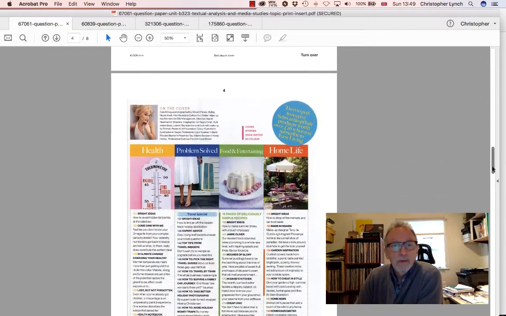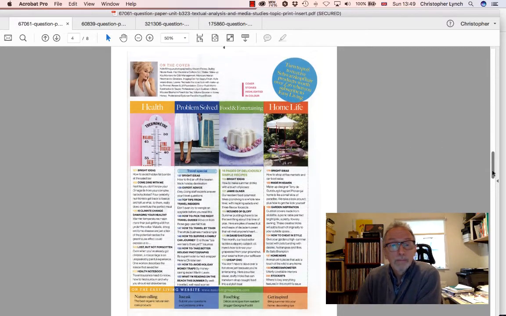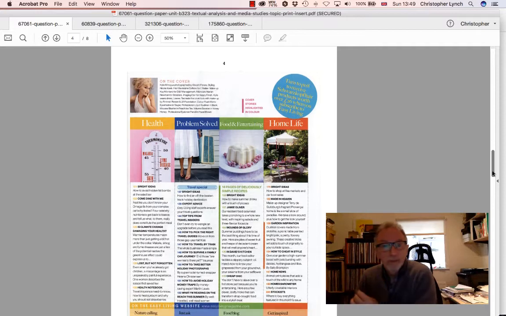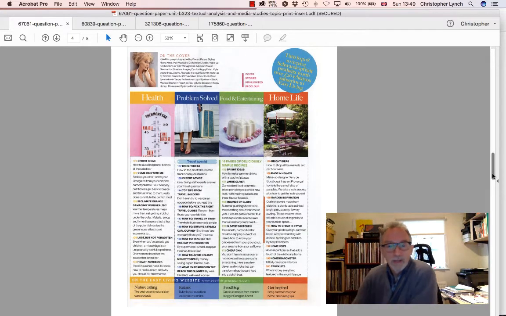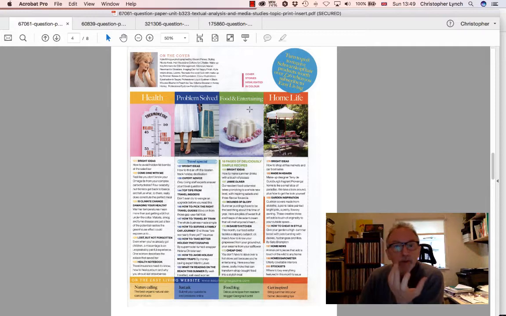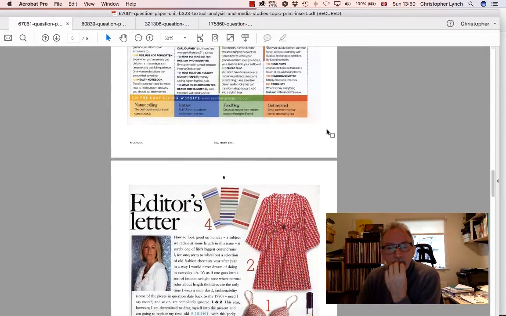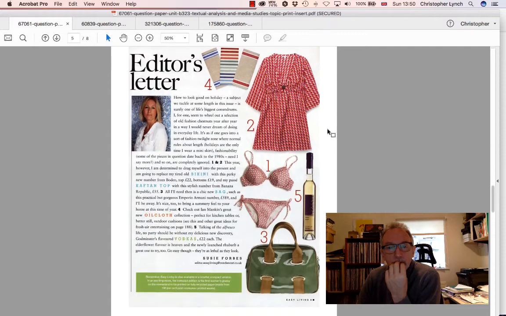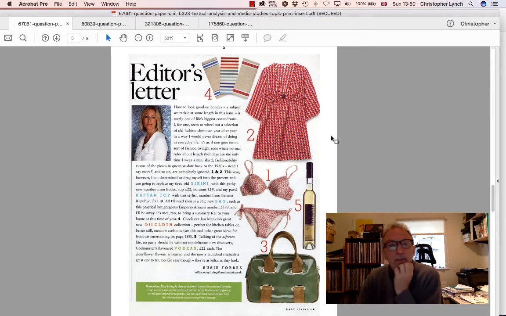And then there are more of the content in these quite strict, I suppose, 4-column pages here. And though that spread there is 2 columns wide, but you have health, problems, food and entertaining, and home life. And then the final page got a different kind of layout to it.